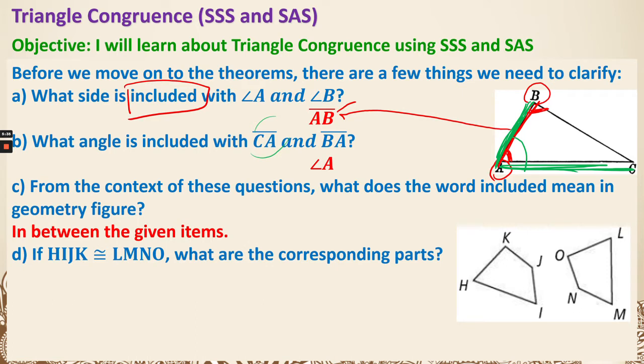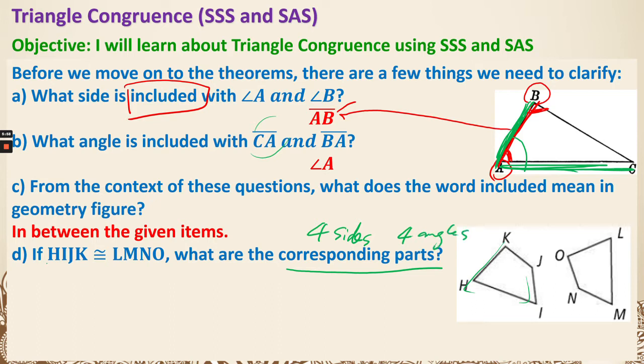Next, some practice on corresponding parts. H, I, J, K, and L, M, N, O. Like I've talked about in the definition part, the position is basically telling us what are corresponding. When we say corresponding parts, this is a four-sided shape. So clearly there will be four sides and four angles that are corresponding.